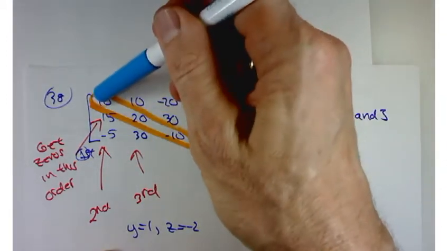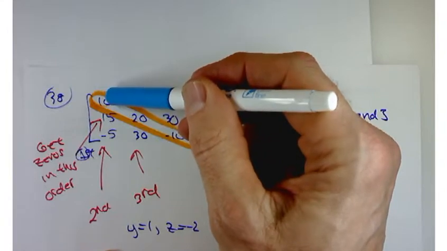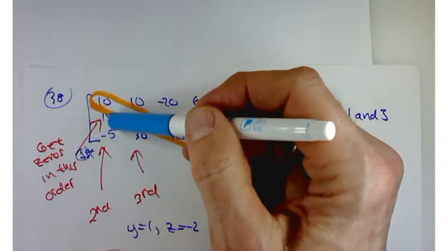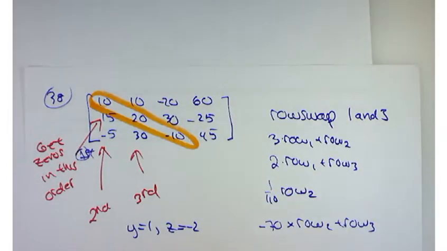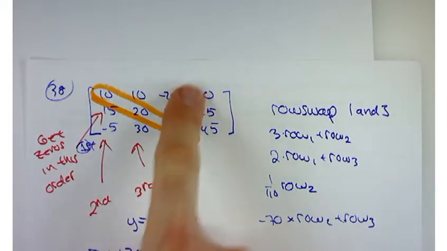The number 1 or negative 1 can help to give you zeros here and here, so that these numbers are multiples of that one. You can multiply row 3 by negative 1/5 and then swap it.